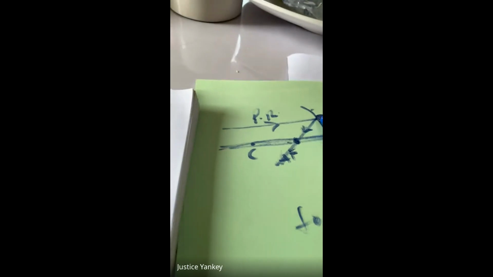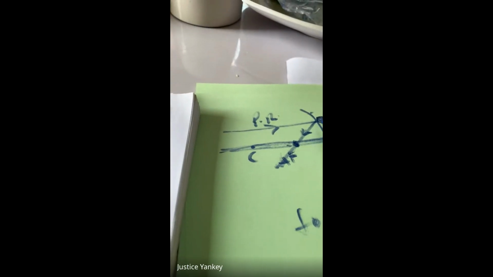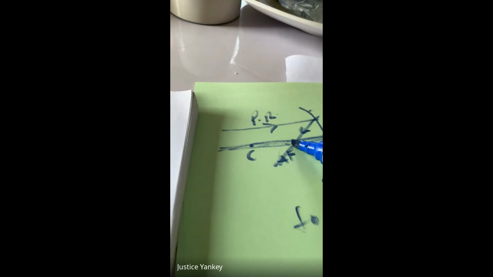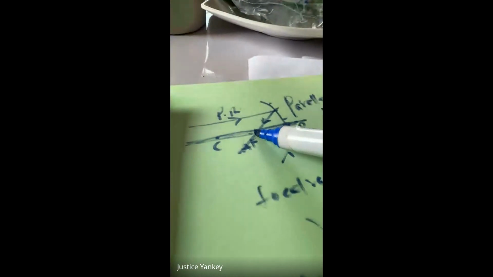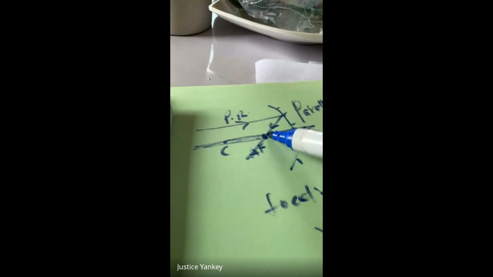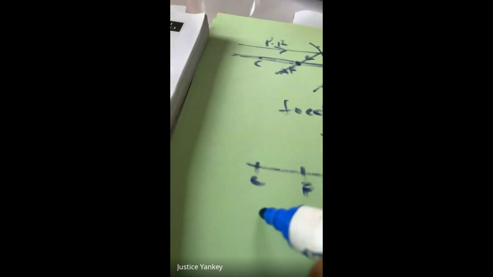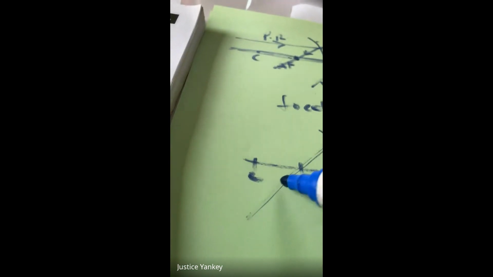Now, we have the parallel ray, which after reflection, as we learned the other time, will be reflected towards the focus. And using the principle of reversibility of light, if a ray passes through the focus, as I've shown, then after reflection, it will be parallel.